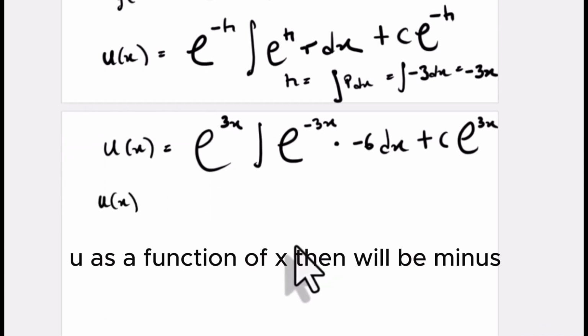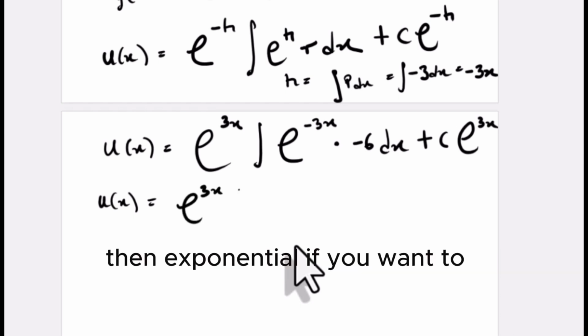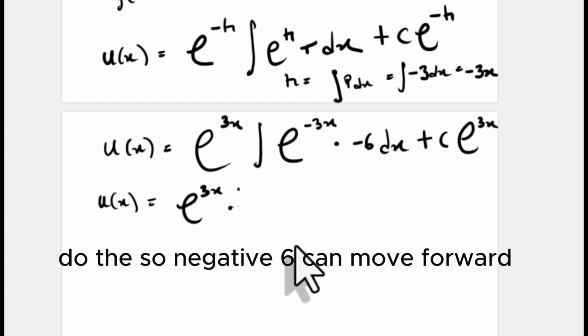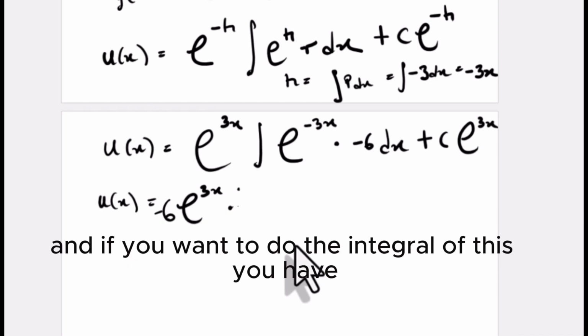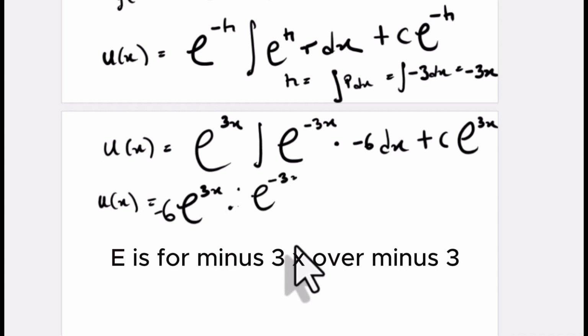U as a function of x then will be e raised to power 3x, then the integral. So negative 6 can move forward because that's the constant. And if you want to do the integral of this, you have e raised to power minus 3x over minus 3.